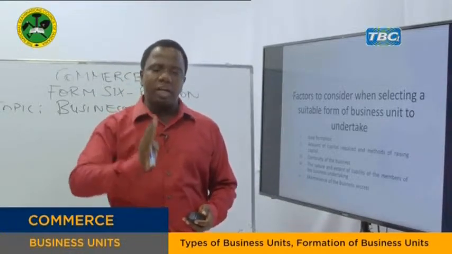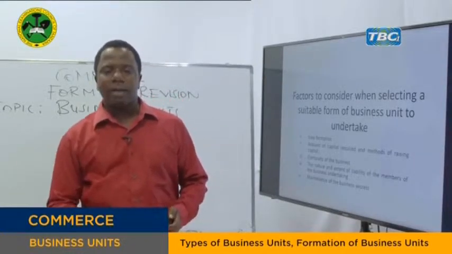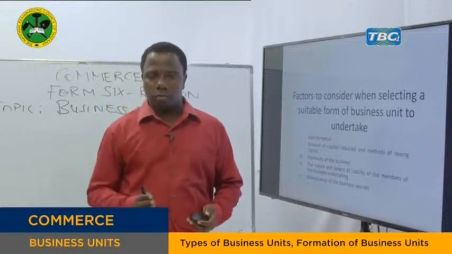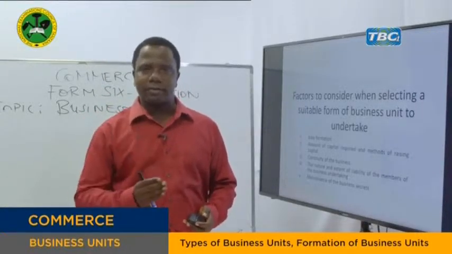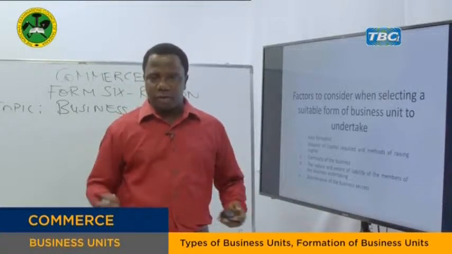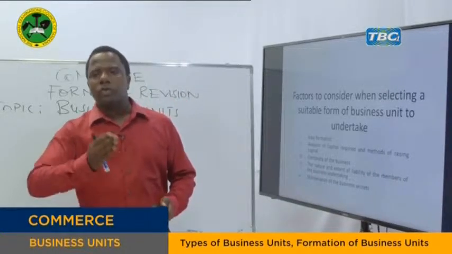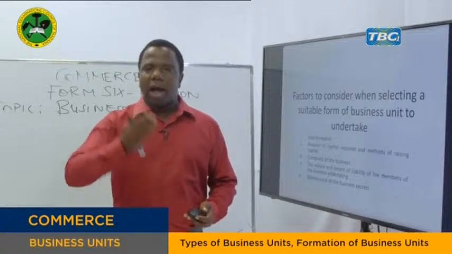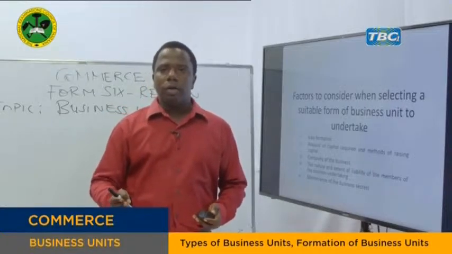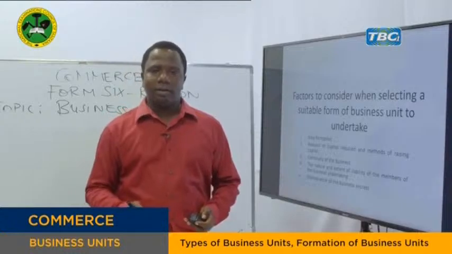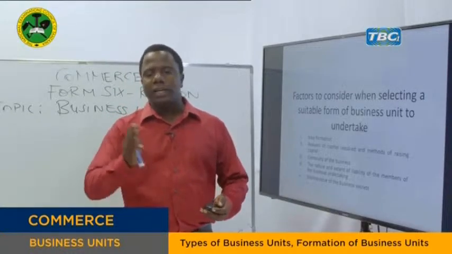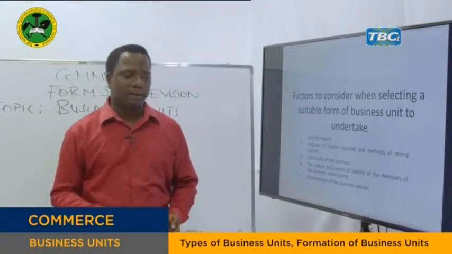But a company, especially a public company, is required by law to publish its financial statements. So under these companies, there is no secret. Your assets will be known, your liability will be known by the public. So before you choose or select, you must consider that factor.